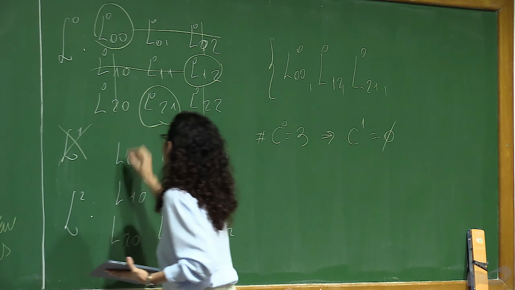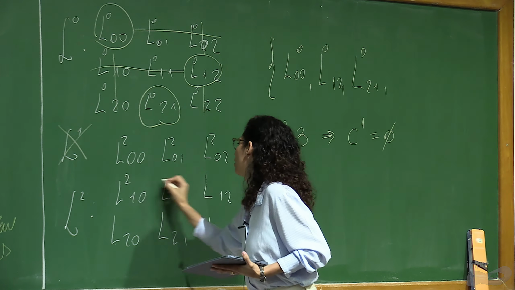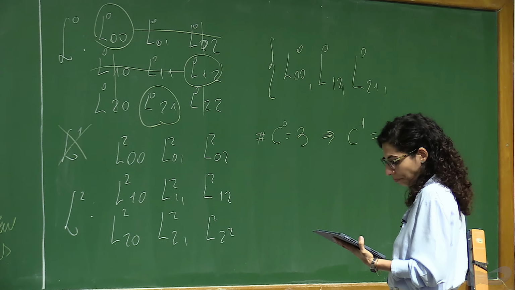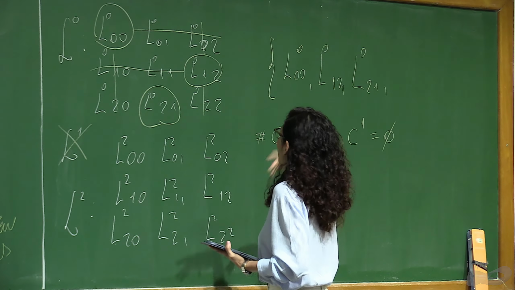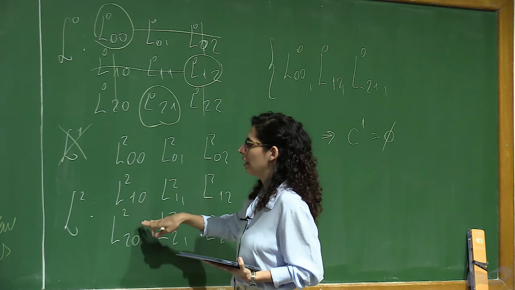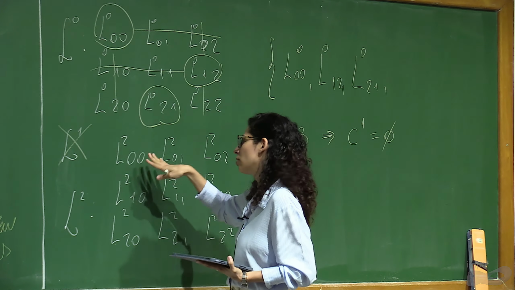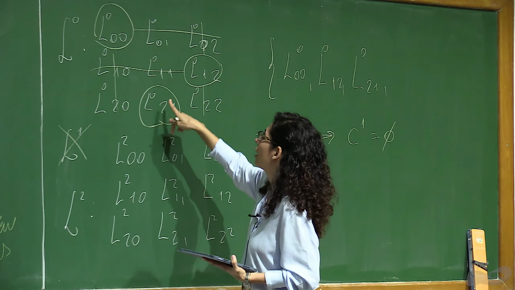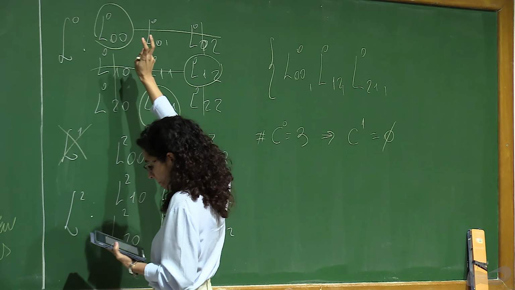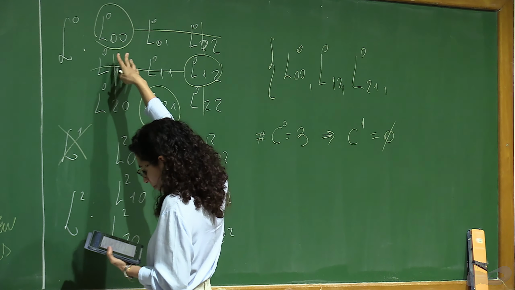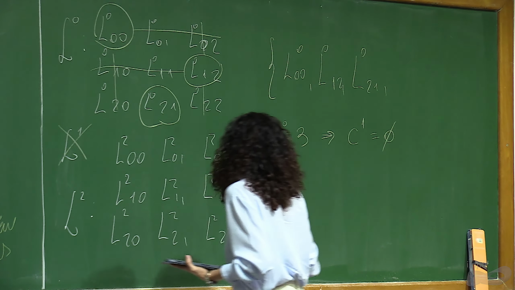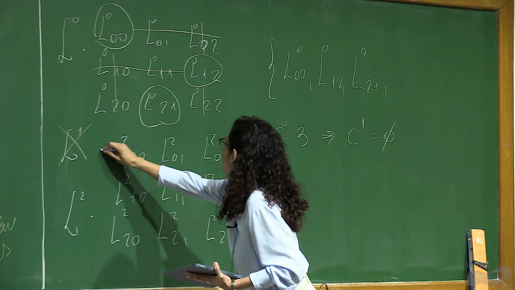To start choosing another line here, we have to see that when we make a sum of these elements, we eliminate this line.